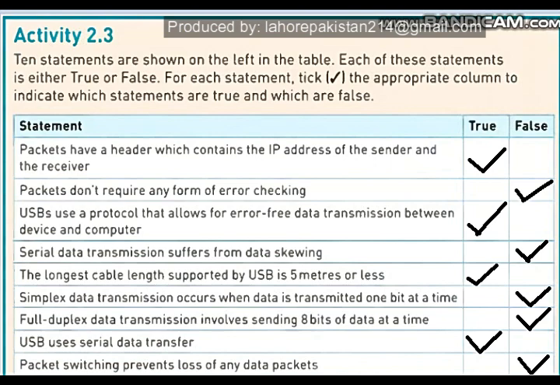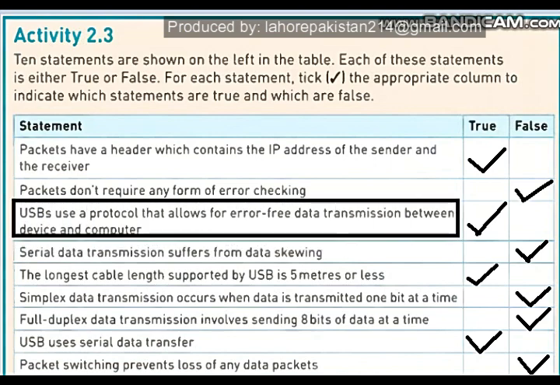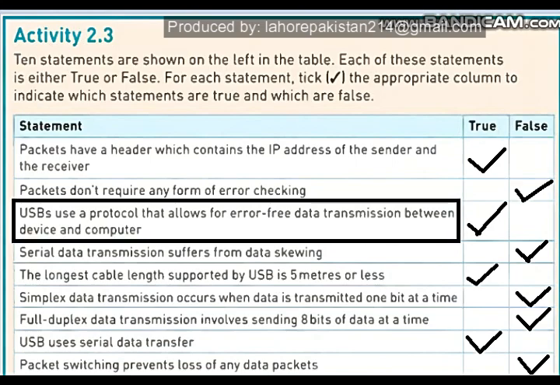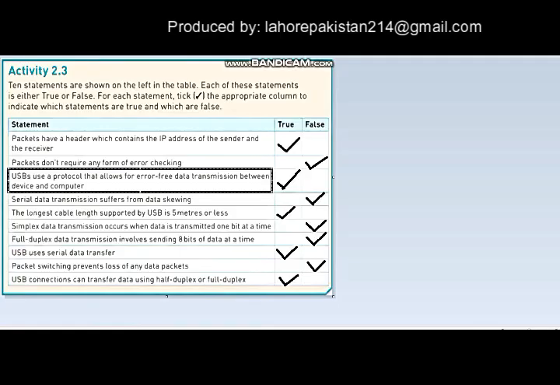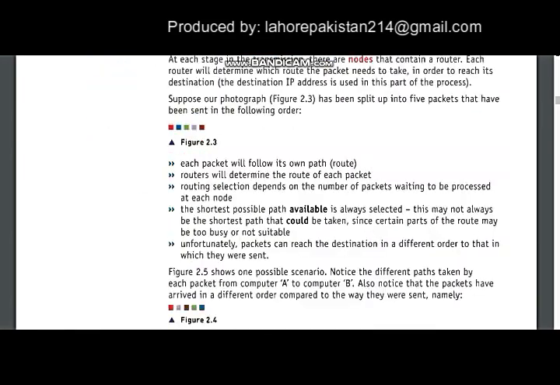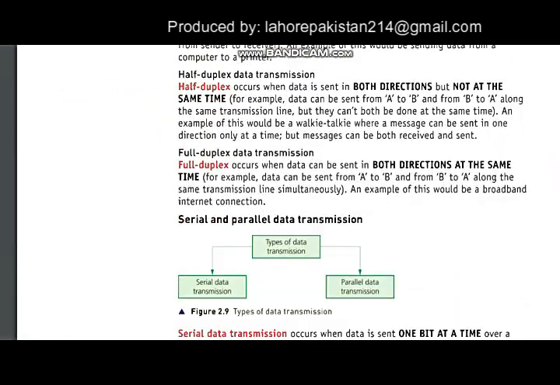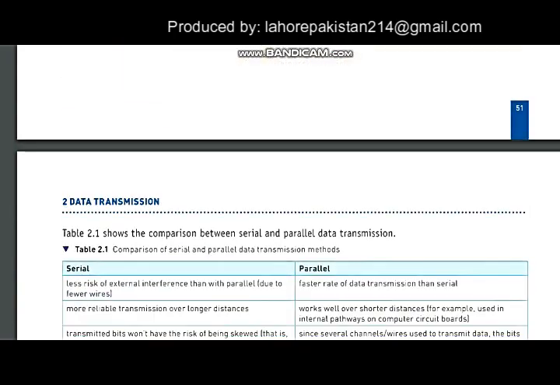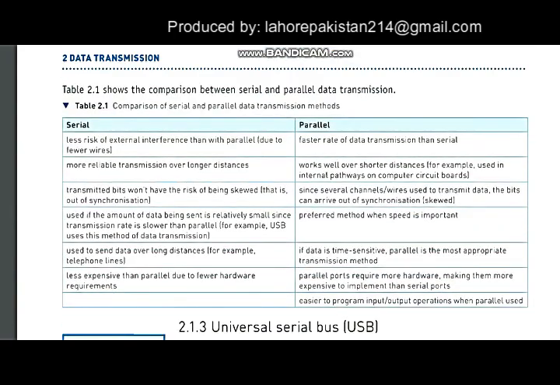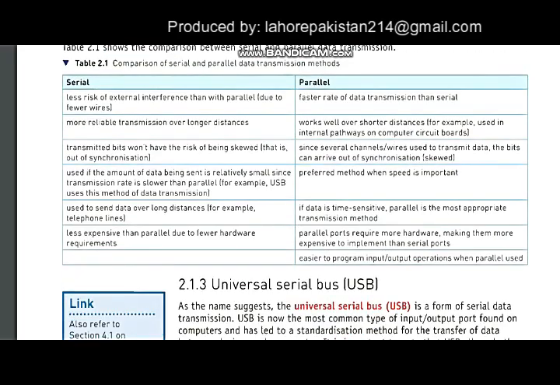Third statement is this: USBs use a protocol that allow for error-free data transmission between the device and the computer. You can see it from here in the topic of USB. It's mentioned that USBs follow a method to check the errors in the transmission.